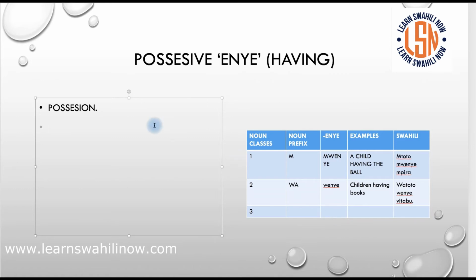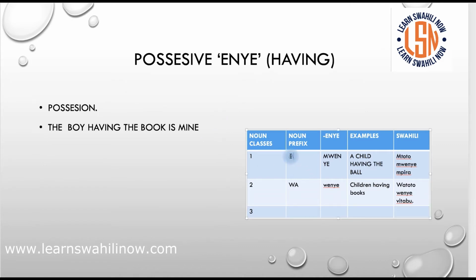So let us start. In English, if you wanted to say the boy having the book is mine, this having is what would be represented by enye. Okay, so as you've noticed, I said noun prefixes are very important. Now for noun class 1, the noun prefix will be m.